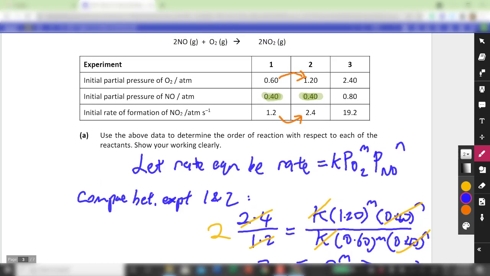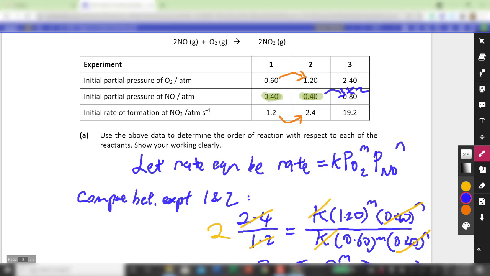However, the inspection method will be more difficult if you try to get the order of reaction with respect to NO in this particular question, because you notice that for experiment 3, when you double the initial partial pressure of NO from 0.4 to 0.8, you also realize that the partial pressure of O2 doubles.